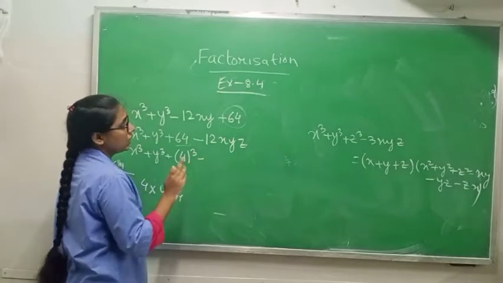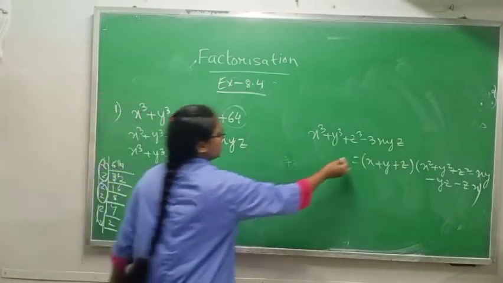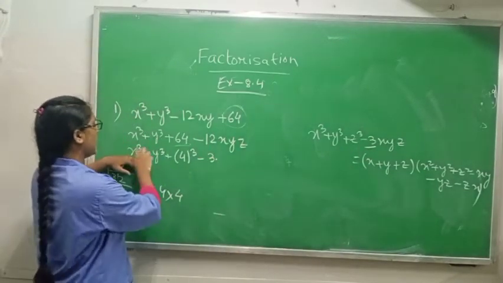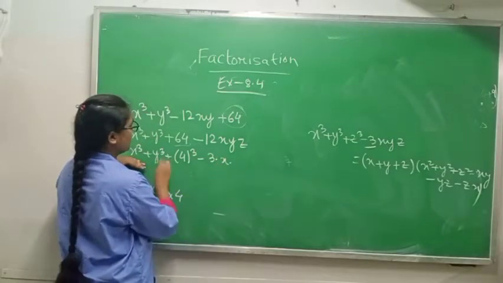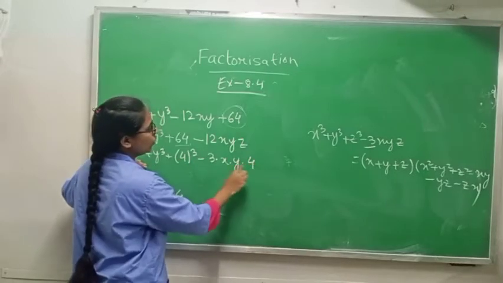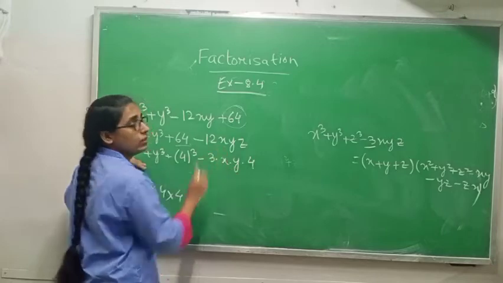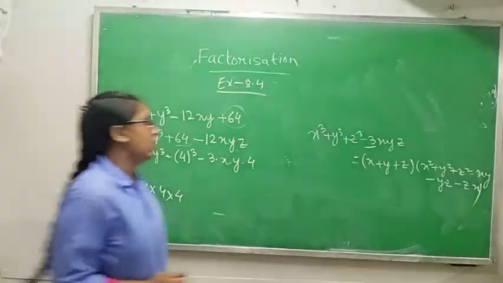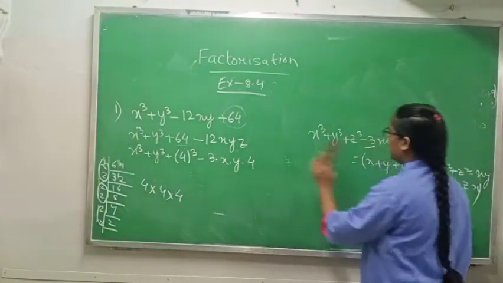Now minus 3xyz. 3 is in the formula, so write 3. Now x is x only, y is y only, and z is 4. First write 3, because it is in the formula.